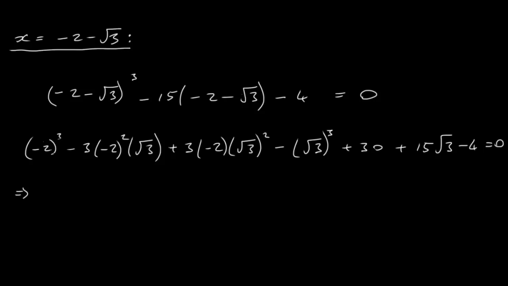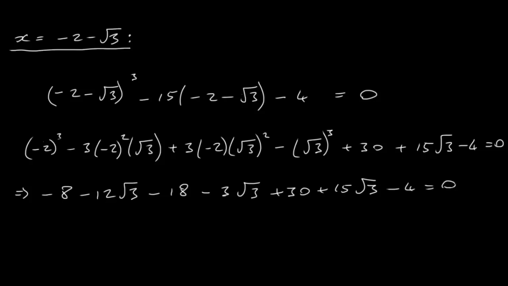So let's see what we get. This is going to be minus 8. This is going to be minus 12 root 3. This is going to be root 3 times root 3 is 3, 3 times 3 is 9, 2 times 9 is 18, so minus 18. Here we end up with minus 3 root 3 plus 30 plus 15 root 3 minus 4 is equal to 0. Let's see if anything cancels here.